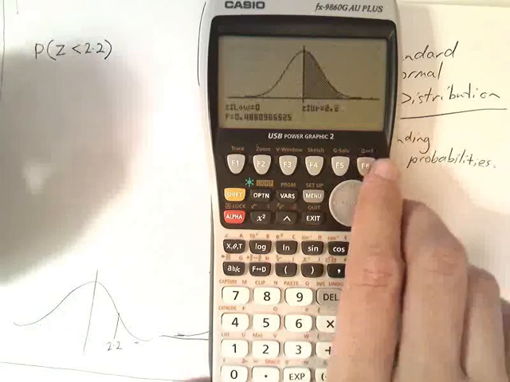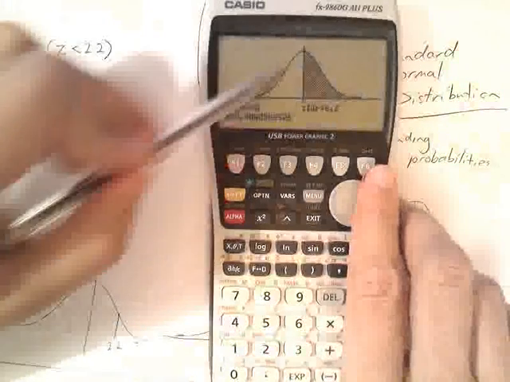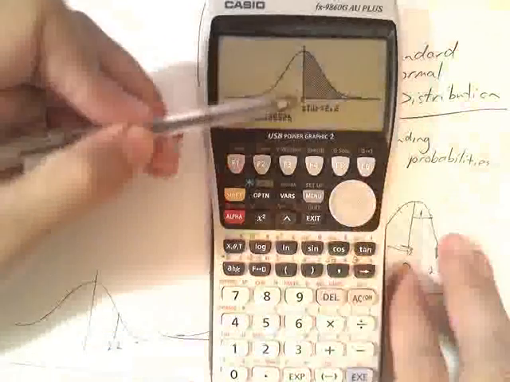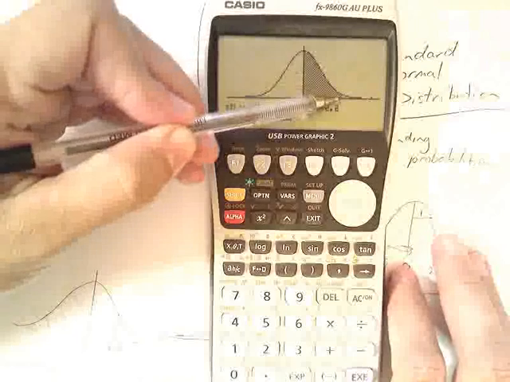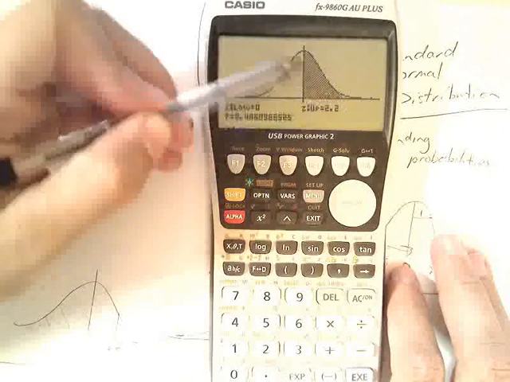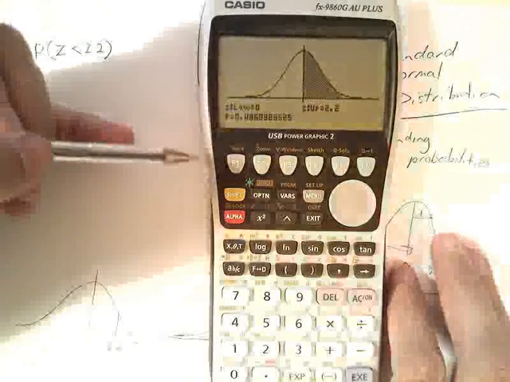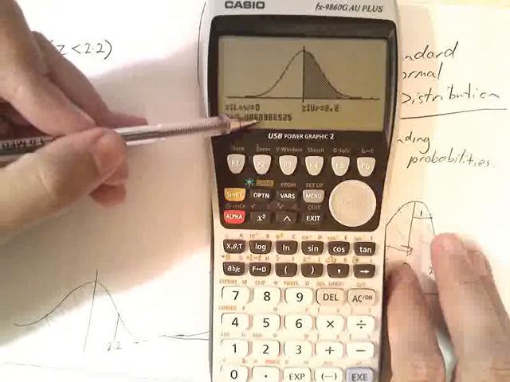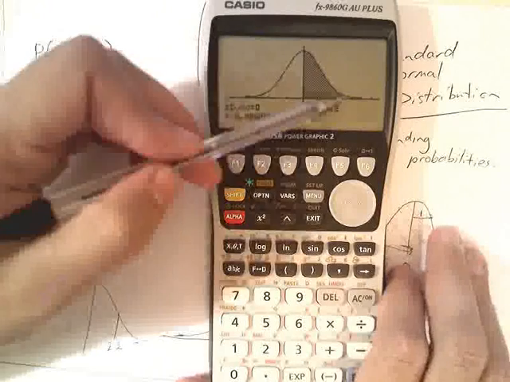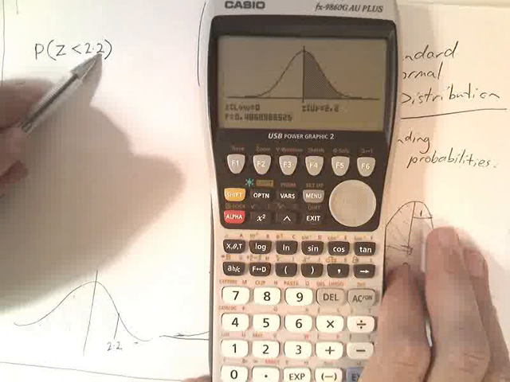You can see it's drawn me a really nice normal distribution, with a lower bound of 0 and an upper bound of 2.2, and it's found the area under that curve. The area is 0.486.